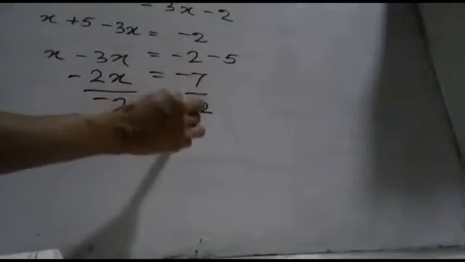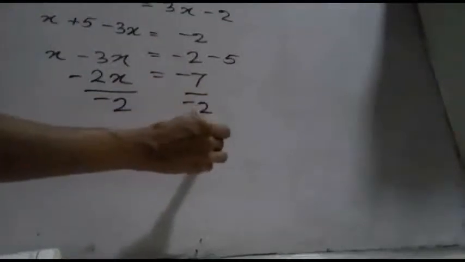Negative 2 negative 5 is equal negative 7. Here, x subtract 3x. Here negative 3x. X is subtract from negative 3x, it is equal negative 2x. Both sides divide by negative 2. X is equal negative divide by negative positive. 3.5.